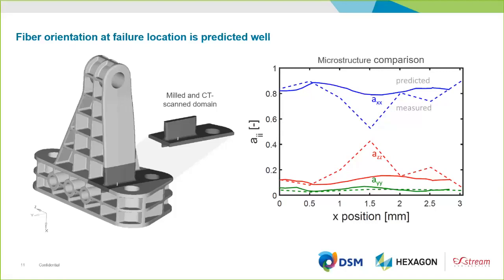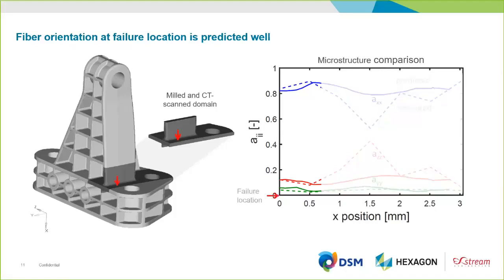And with the red arrow, you see the location where we probed through the thickness the main diagonal terms of the orientation tensor. And there you see that, especially at the surface, we get a very good estimate of that actual measured fiber orientation. So the dashed lines are the measurement, the full lines are the MoldFlow prediction.